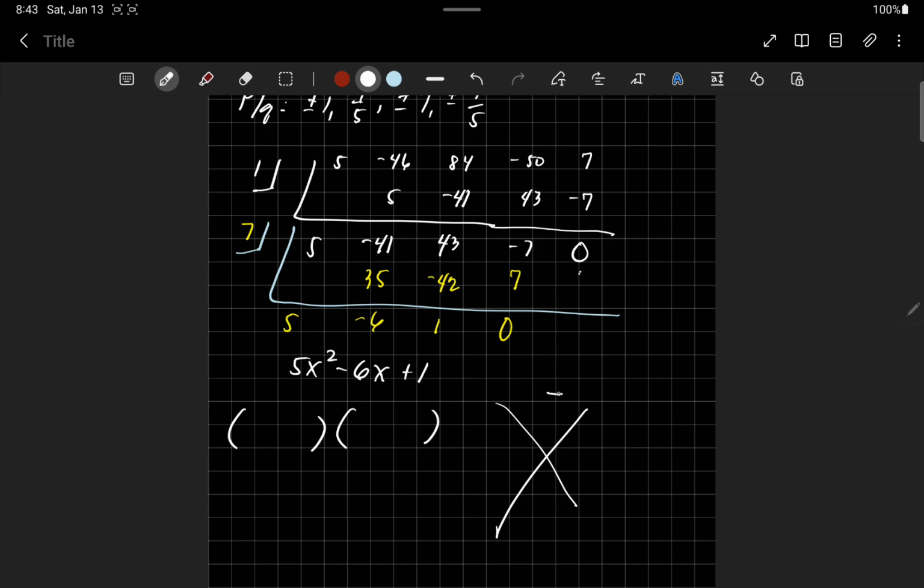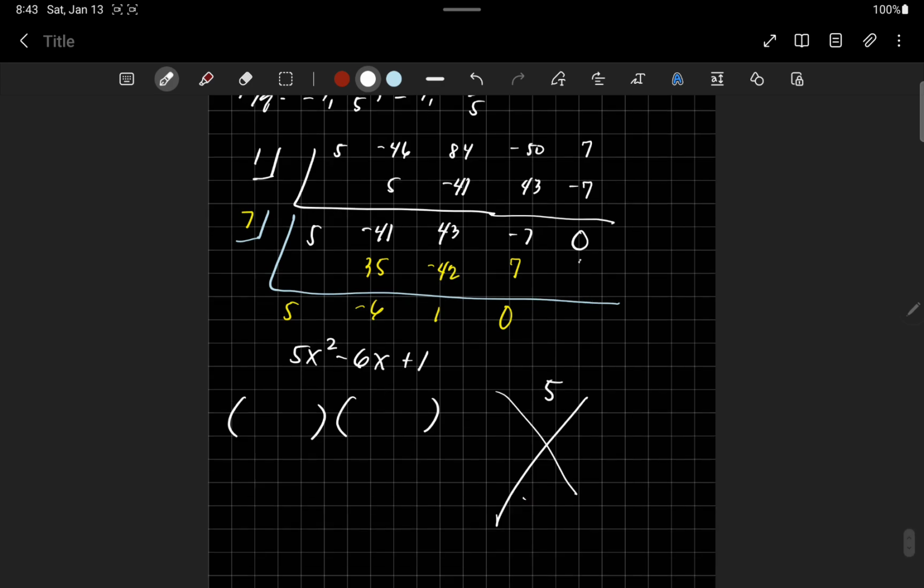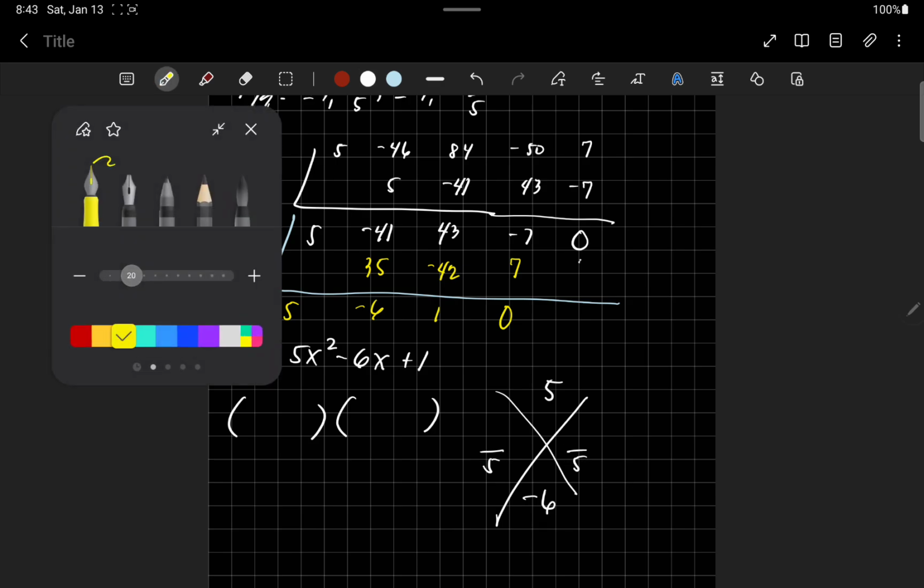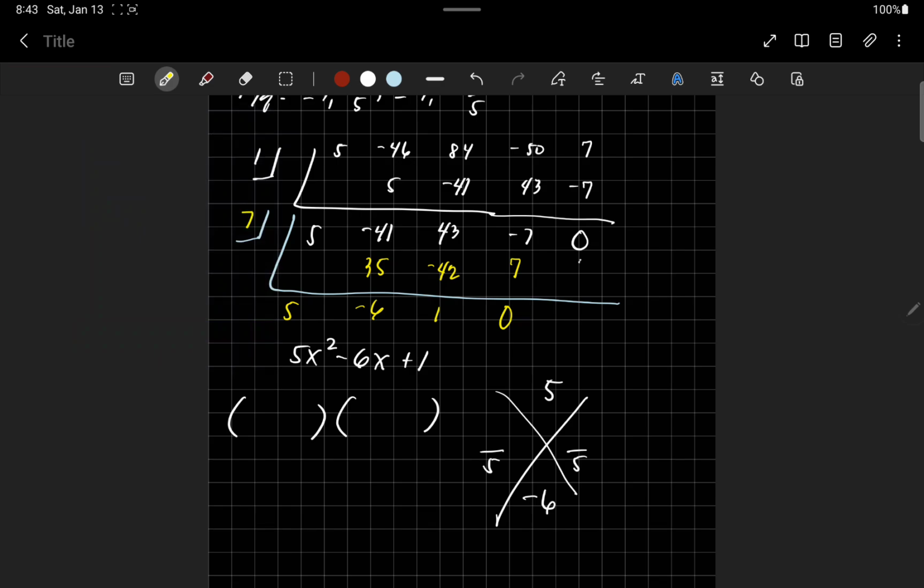5 times 1 is 5. What we put here is b, negative 6 over 5 and over 5. So, what are the factors of 5 whose sum is negative 6? That is negative 5 times negative 1, because negative 5 times negative 1 is positive 5, and negative 5 plus negative 1 is negative 6.